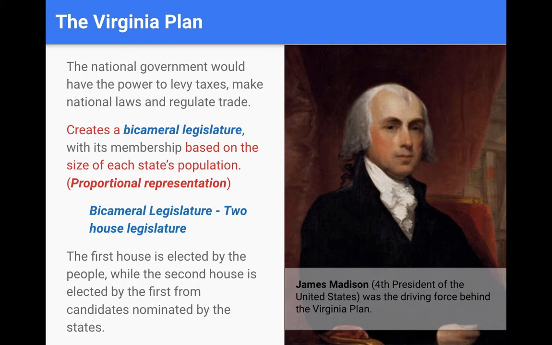In this, the first house gets elected by the people. So people vote for the representatives directly. Well, the second house, which actually has more of the power, the representatives from the first house nominate candidates and they get voted on by the states. So you have a very complicated system to try and determine how states and how the people are going to be represented in the Virginia plan.